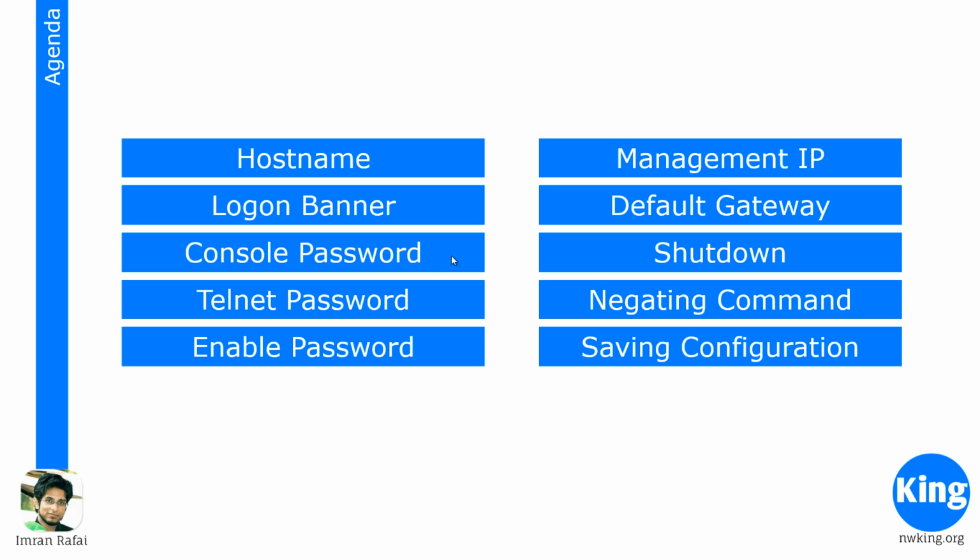GNS3 does a good job with switches, but there are some features we cannot really use. So for this video and some of the videos, I will make use of another software created by Cisco called Cisco Packet Tracer. Please don't ask me how you can get access to Cisco Packet Tracer. You can Google. You need to be part of a network academy to get access to it.